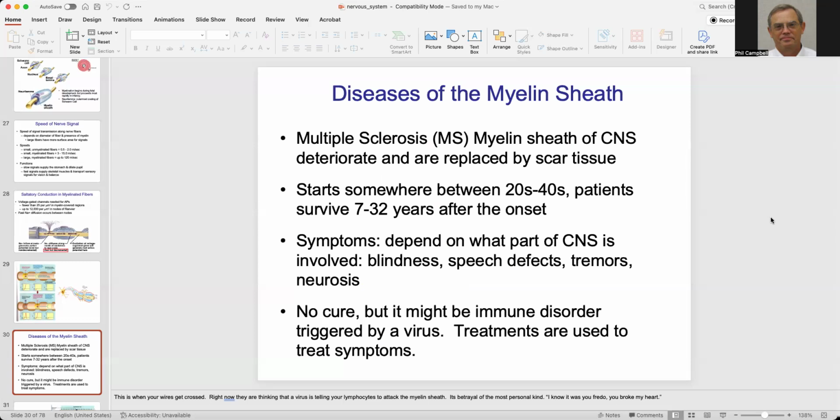MS is basically an autoimmune disease. That means your immune system starts to attack itself. And you get inflammations and scarring and so forth. No one's born with MS. It usually starts sometime in your 20s or 30s. As it advances, it disrupts signal transport time, and makes things slower.